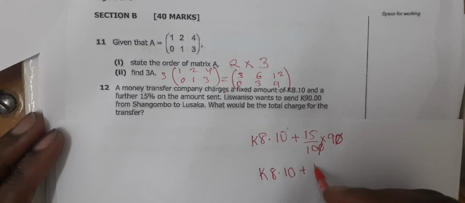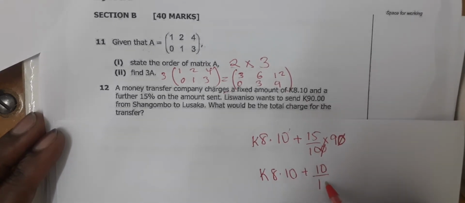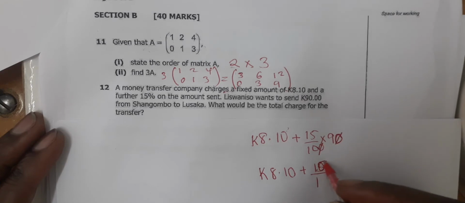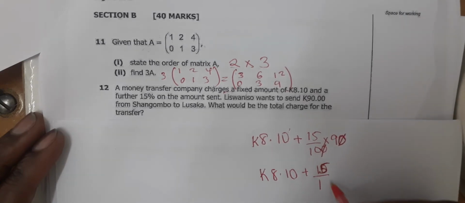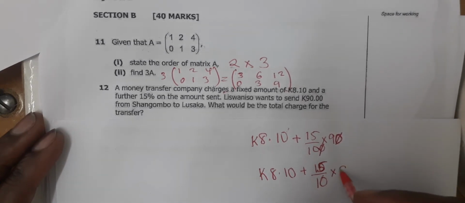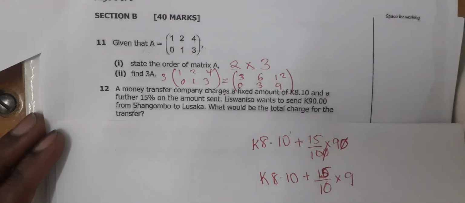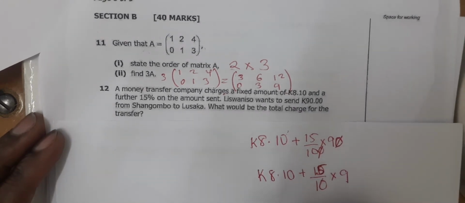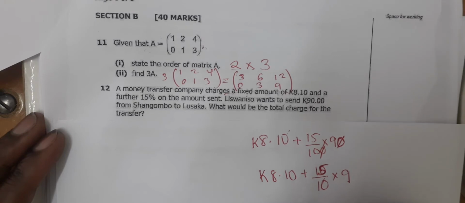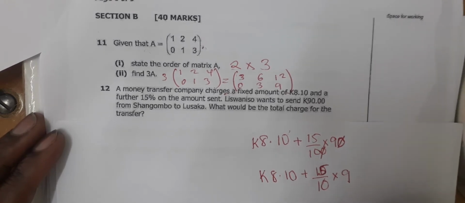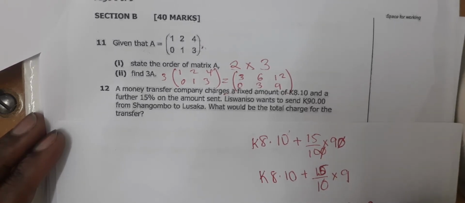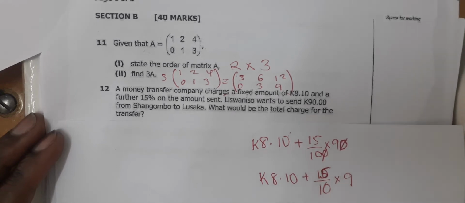Sorry, this is supposed to be 15 here. Take note, this is 15 over 10 multiplied by 9, which is still the same as 8.10 plus 15 multiplied by 9 over 10.